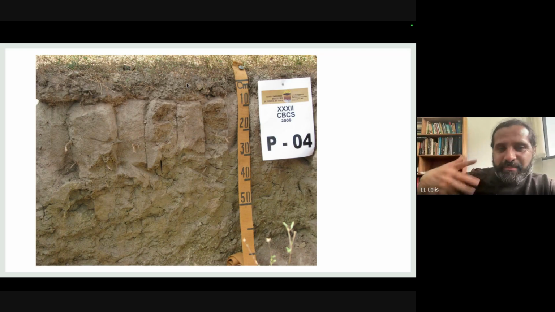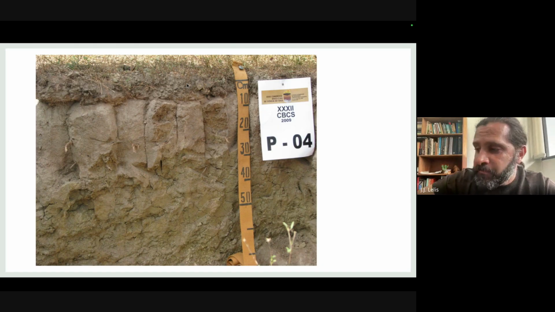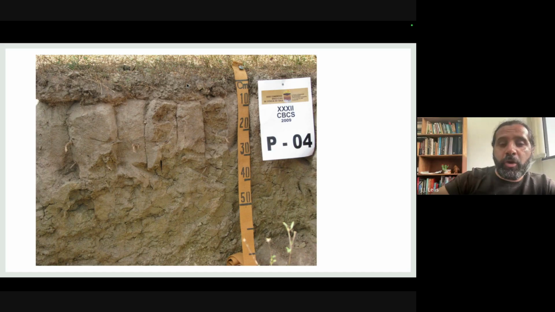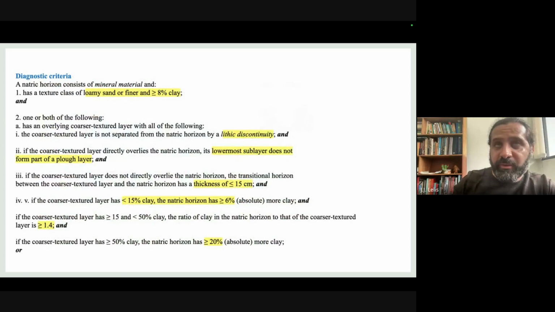So these differences that are more related to differences of parent material, that are more related to colluvial and alluvial materials, they are called lithic discontinuities. Okay, so if you register a lithic discontinuity, you cannot register a nitric horizon. The differences of chemical and physical properties must be connected, they must be related to some process that expresses this clay migration.